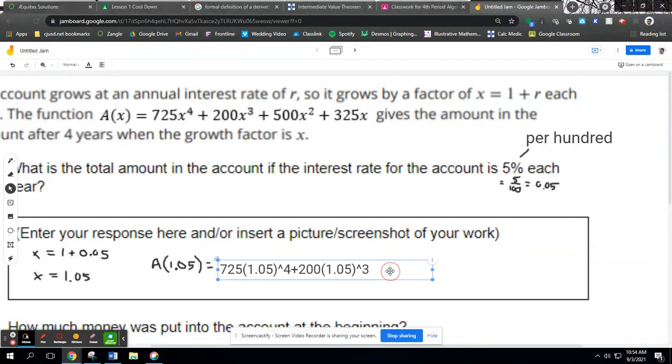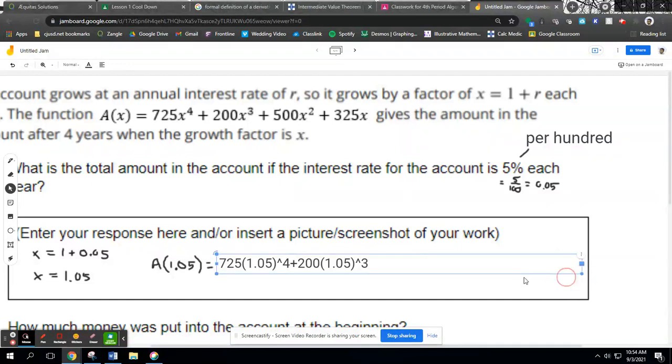Then our next term is 500x squared, so we'll have plus 500 times 1.05 to the second power, and plus 325 times 1.05.